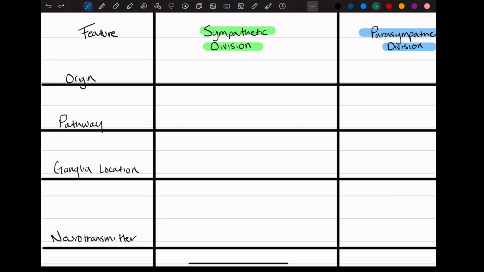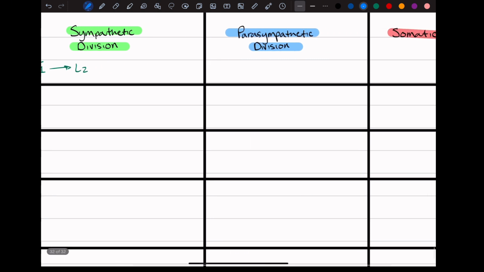Okay, so to get started in the sympathetic division, the origin is going to be in our thoracolumbar region, or you can say from our T1 vertebrae down to our L2 vertebrae. So T1 through 12 and then L1 through 2.